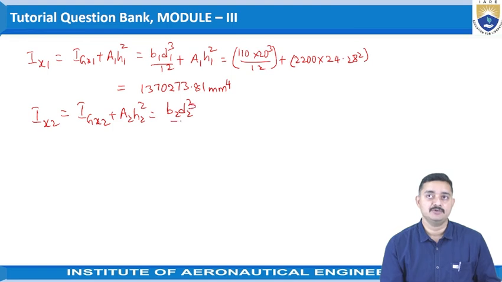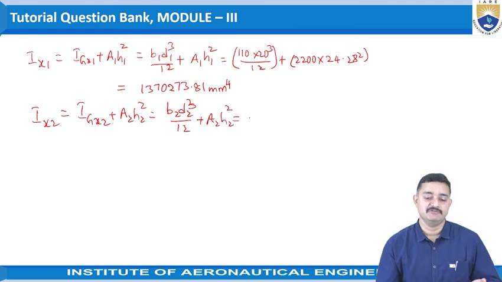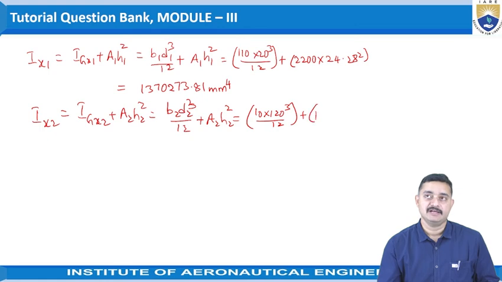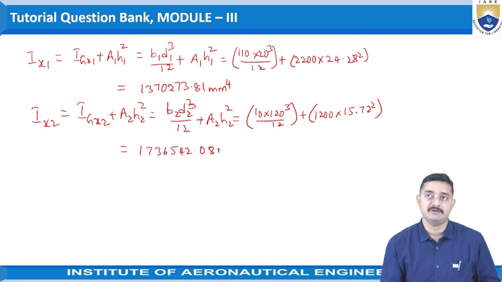So B2 D2 cube by 12 plus A2 H2 square. When you substitute the values, you will get 10 into 120 cube by 12 plus 1200 into 15.72 square. When you solve this, you will get the value as 173654.208 mm to the power of 4.